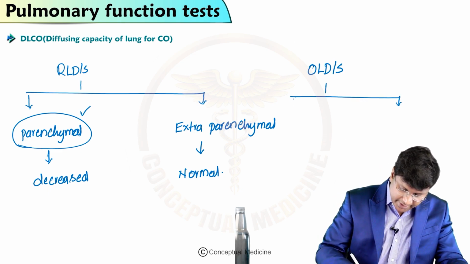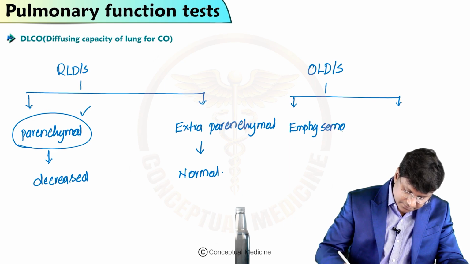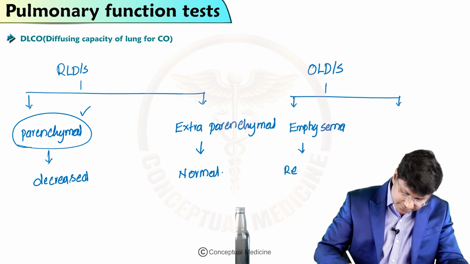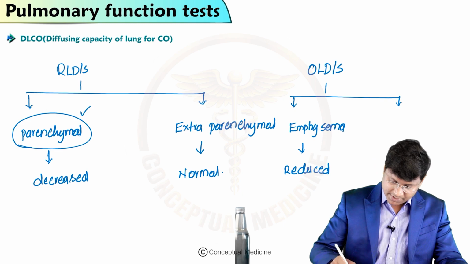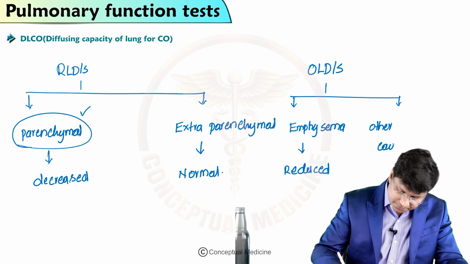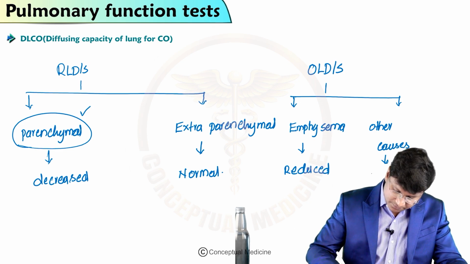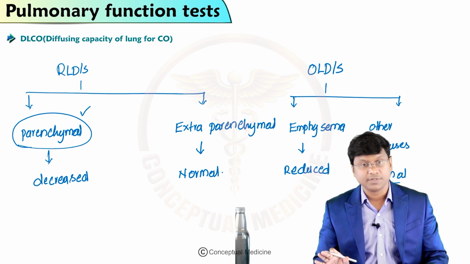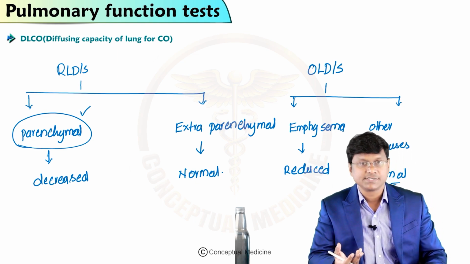So DLCO in obstructive lung diseases is reduced only in patients with emphysema, whereas in other causes of the obstructive lung diseases, the DLCO remains normal. Okay, so this is a very important parameter to differentiate what is the underlying lung disease.